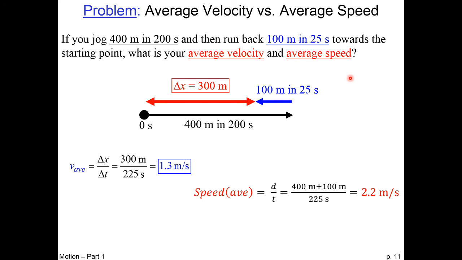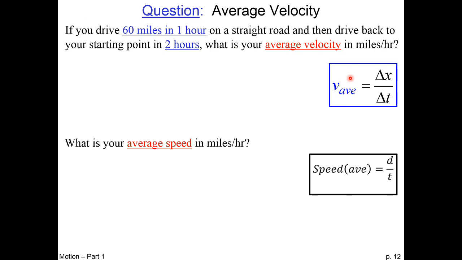Notice that 500 meters doesn't tell us where we are. We need to know the displacement in order to precisely define where we are. So you can see this is where some confusion can occur in comparing speed and velocity. Average velocity only cares about the displacement, so how far you've traveled from where you started, and then you divide by the time.